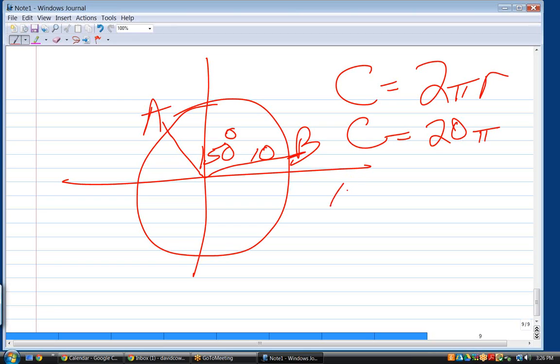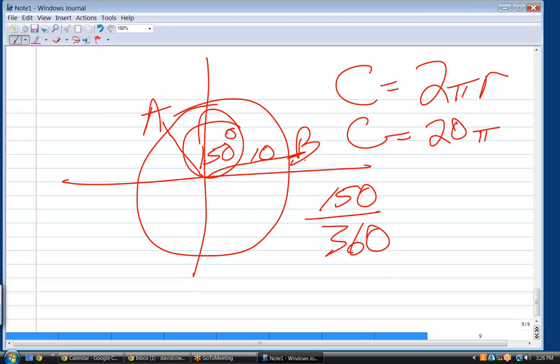You have 20 pi over... No, hold on. 360. Hold on. This angle right here determines what the ratio is. So always start with that angle. Okay, so 150 over 360. That's the percentage of the circle we're dealing with.